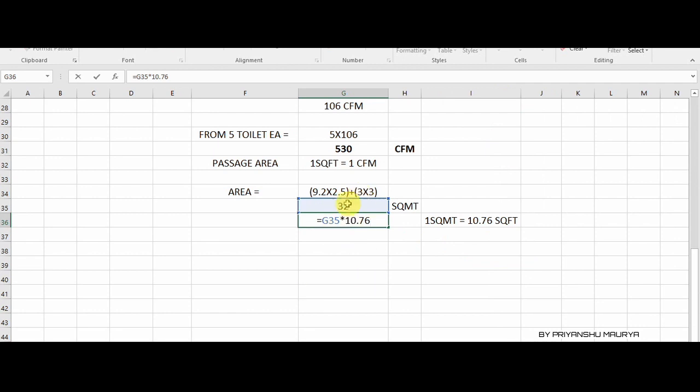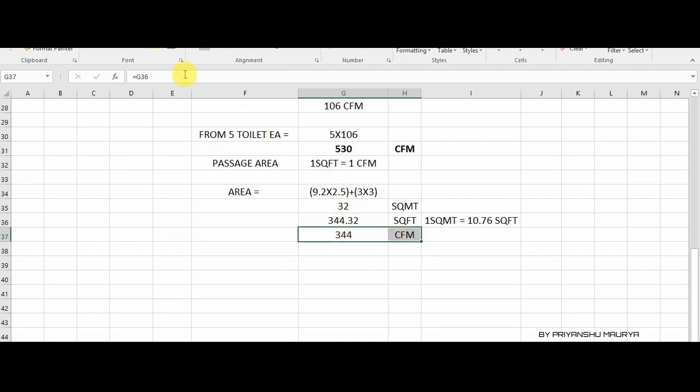We multiply the square meter by 10.76, and it converts into square feet. So that much square feet is the area. So CFM will be the same, 344 CFM, because 1 square feet is equal to 1 CFM, so 344 square feet is equal to 344 CFM.